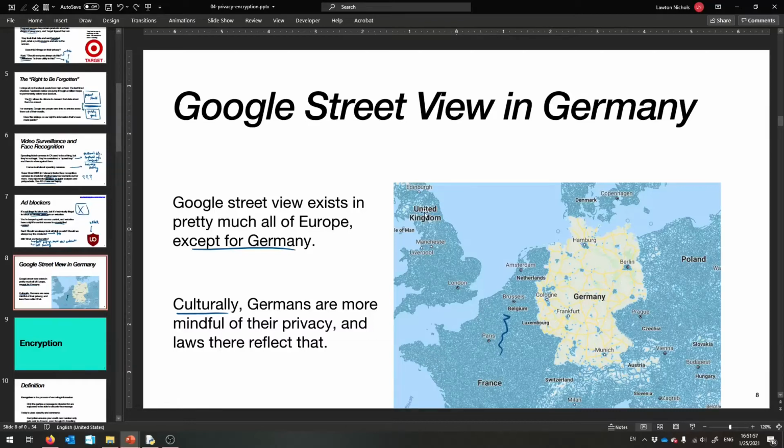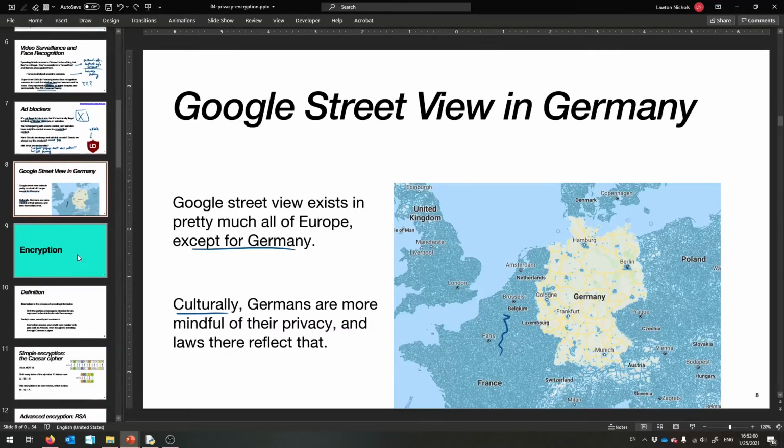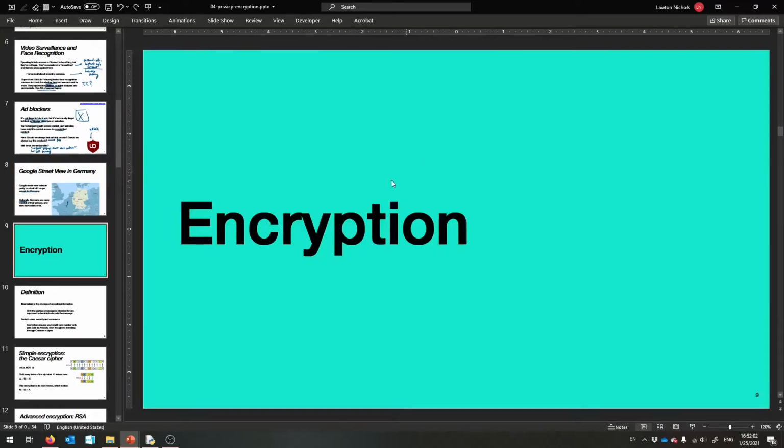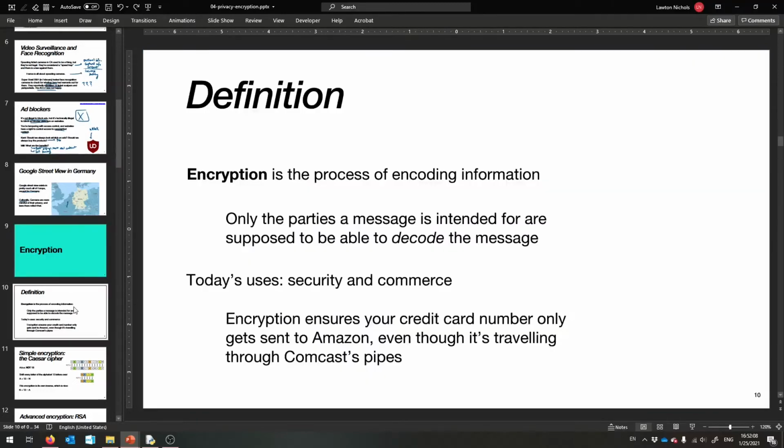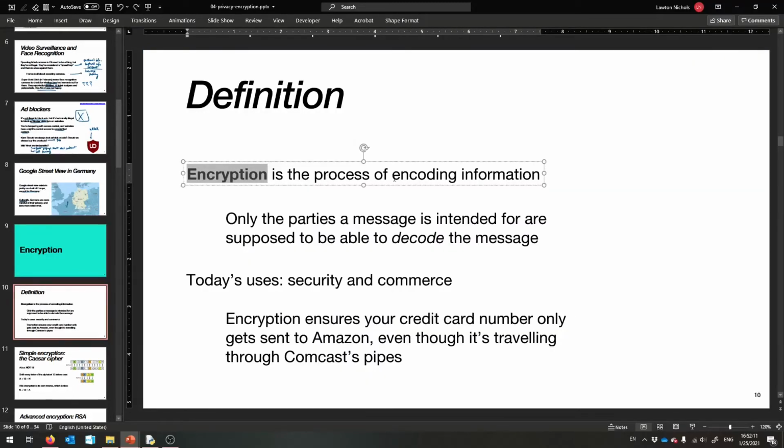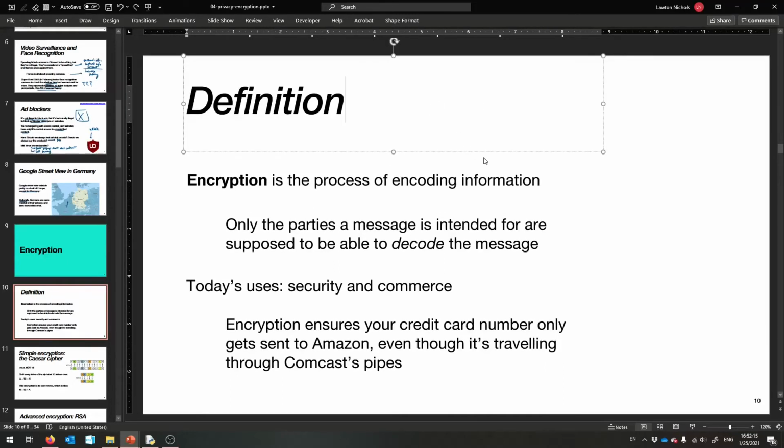And now let's talk about how we keep private stuff private. Let's talk about encryption, okay? That is a fun concept, and I'm going to give you the basics of encryption now. Encryption is the process of encoding information, which is maybe a word that you haven't seen before.